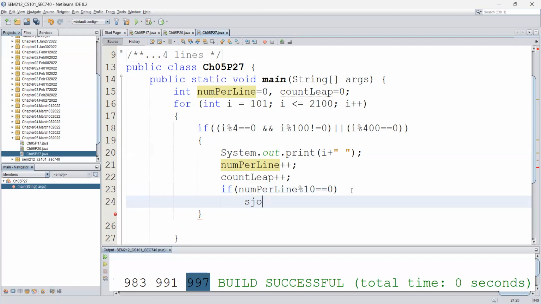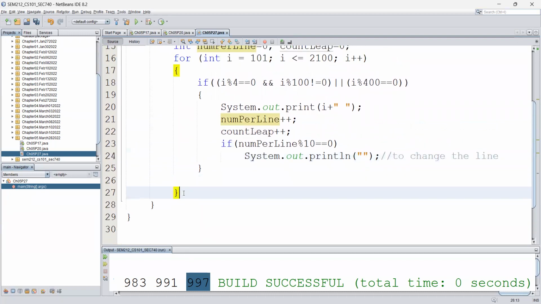We should simply change the line. I have written it just to change the line.